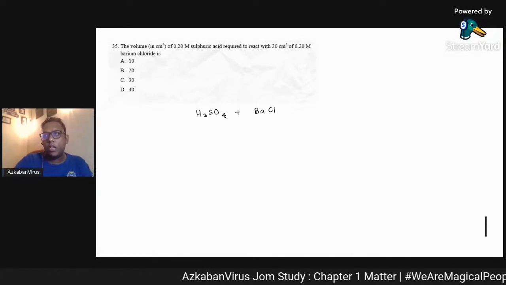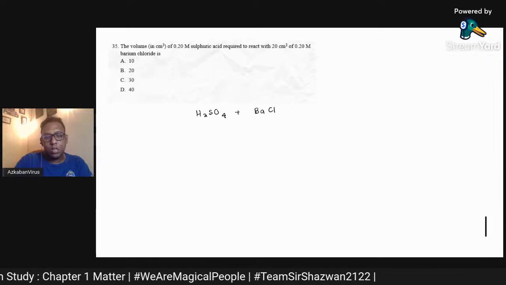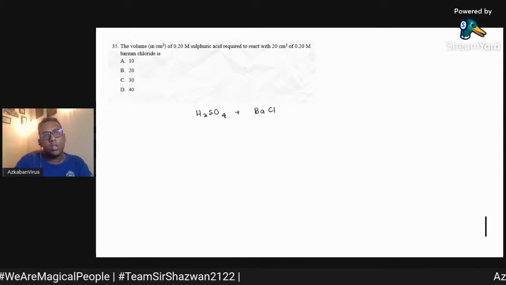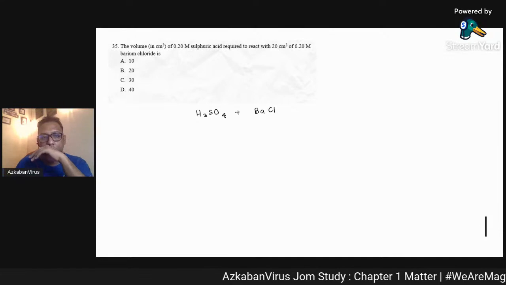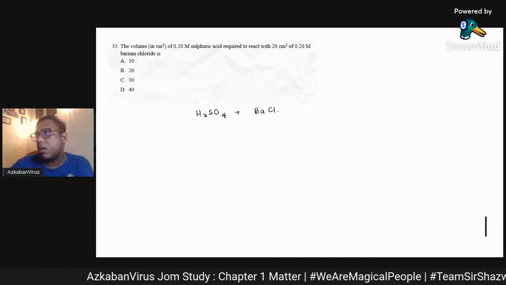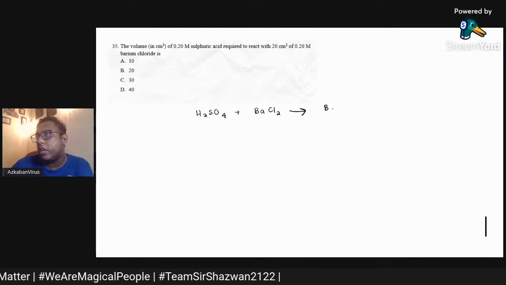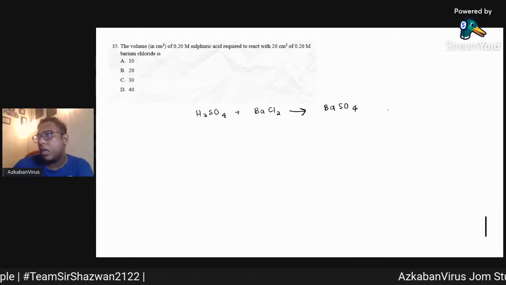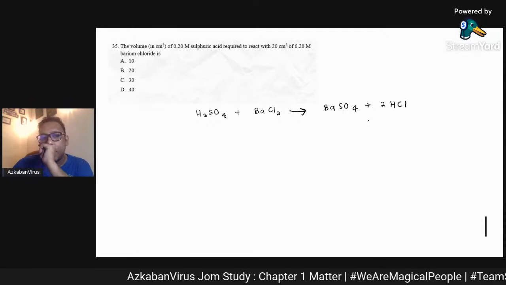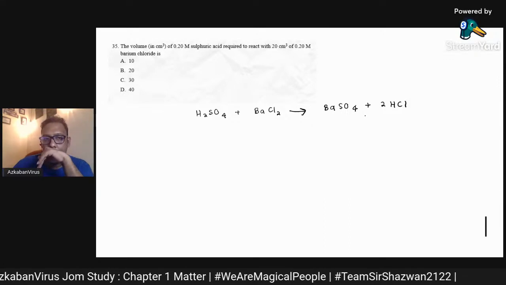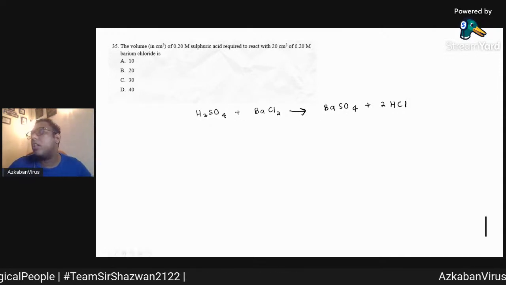Okay, tulis equation. Ini akan jadi displacement reaction actually. Balance. SO4, barium, H2Cl2. Betul lah.